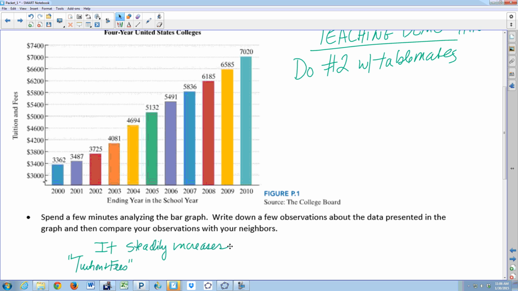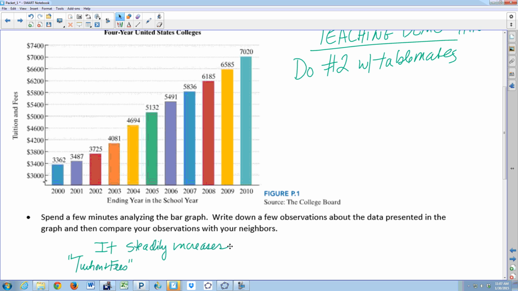It's steadily increasing. Steadily usually implies what type of idea that you've probably talked about in mathematics along the way? What kind of graph has a steady increase? A line, right. And we call that steady, constant thing for a line the slope. But as Melanie noticed, even though it's steadily increasing, it's not increasing by a constant amount from year to year, right?